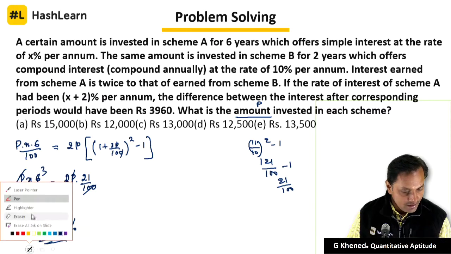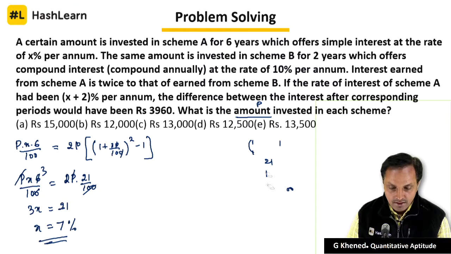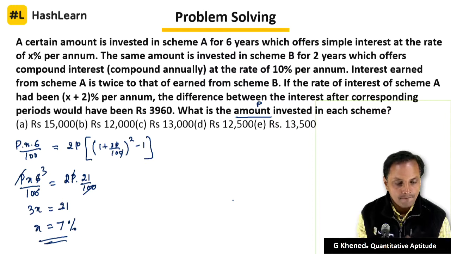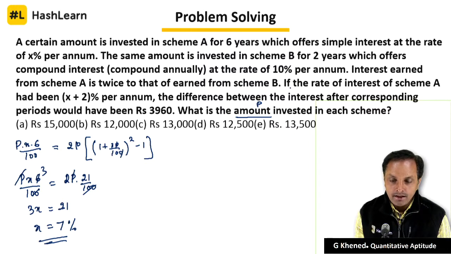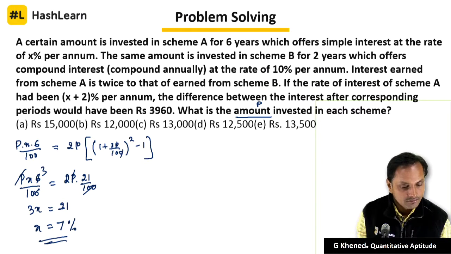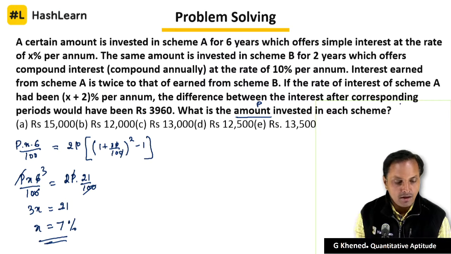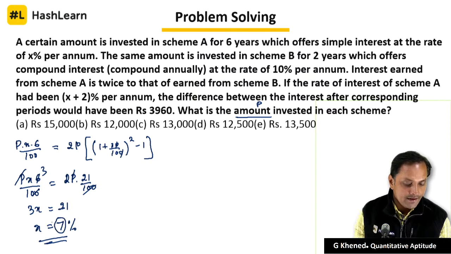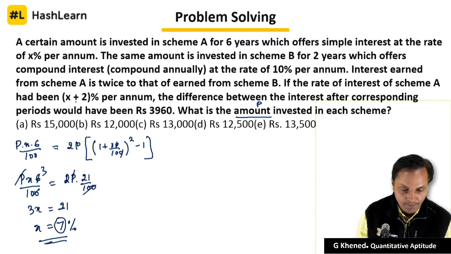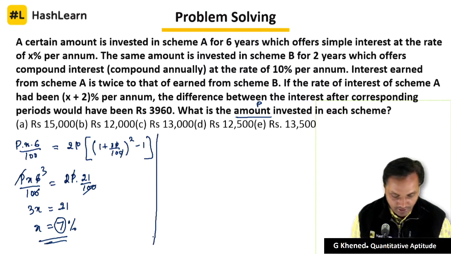Let me do the second part of the question. The second part of the question says if the rate of interest of scheme A had been x plus 2% per annum, the difference between interest after compounding. See, we got x as 7, plus 2% means, please make a note, it will become 9%. Therefore, I will do the second part here only.